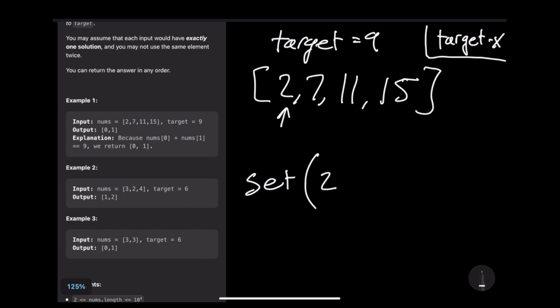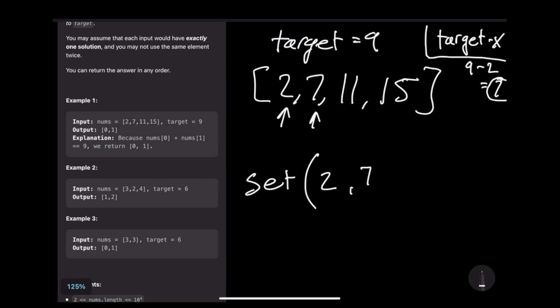So what I'm saying is, now that we've seen a 2, we know that if we find target minus 2, so in this case, 9 minus 2, which is 7, because we've seen a 2, we know that if we see a 7, we've solved it. And sure enough, later along in the array, we do in fact see a 7, which we could add to the set. But we know right at that point that we're done because we have a 2 and we have a 7.